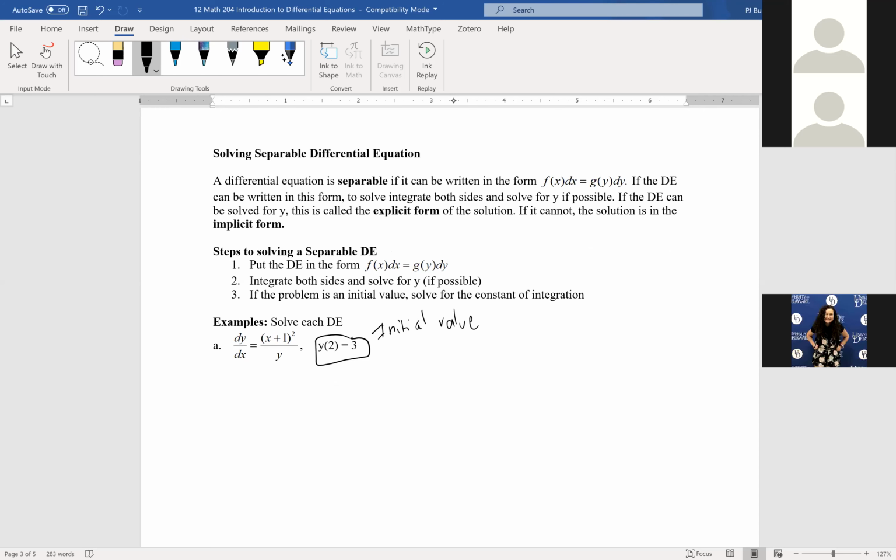All right. So another neat thing about differential equations is it's really the first time that you get to use integration and differentiation at the same time and apply it to problems.